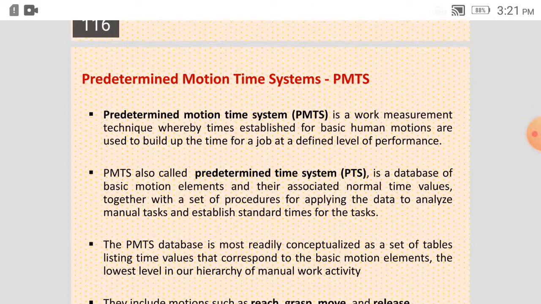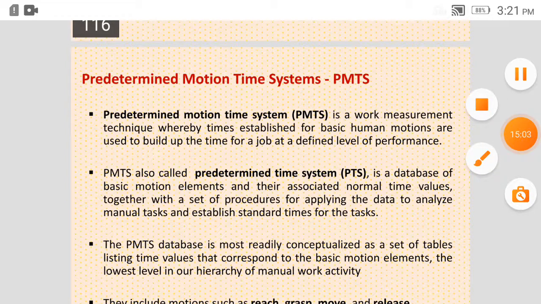Then next is predetermined motion time systems, PMTS. Now here the data is collected, this standard data, and that data is referred to know the actual work study, or time study or work measurement.